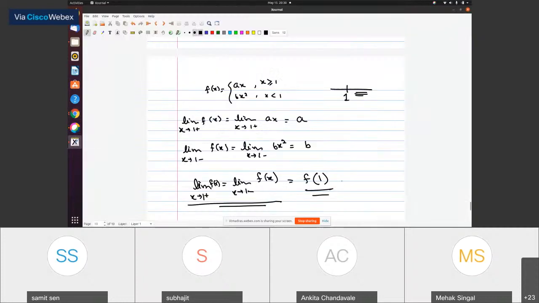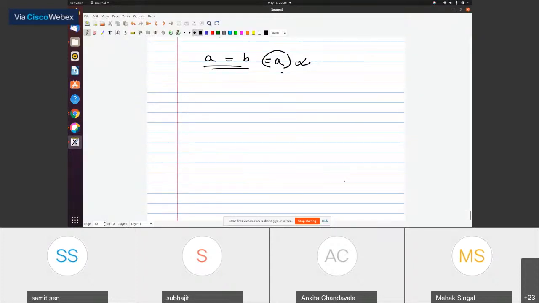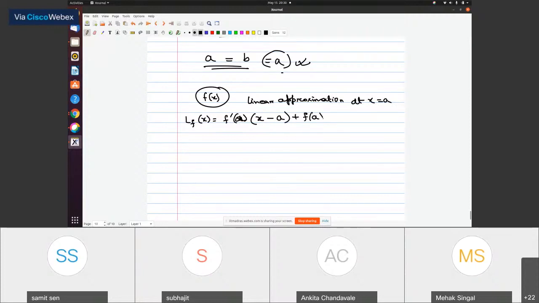Suppose I have a function f(x). The linear approximation at some point x equal to a is f dash a times (x minus a) plus f of a.